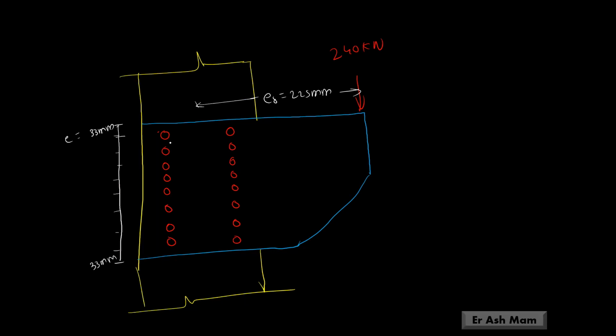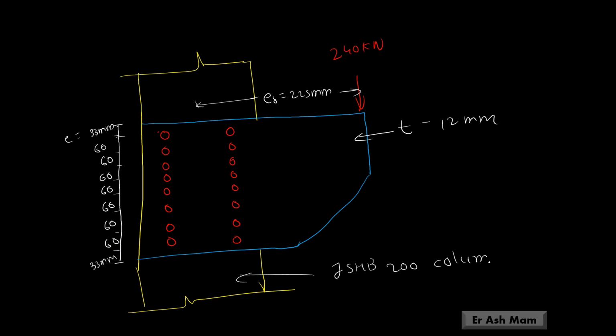And pitch distance, center to center distance between two bolts parallel to load, 60 mm each. Done. And thickness of this plate is 12 mm. Column size is ISHB 200 column. Thickness of flange equal to 9 mm.